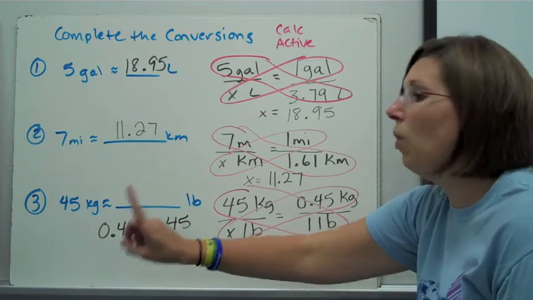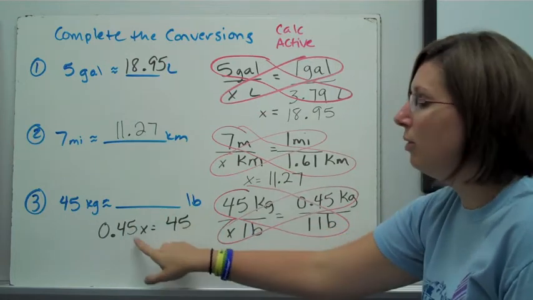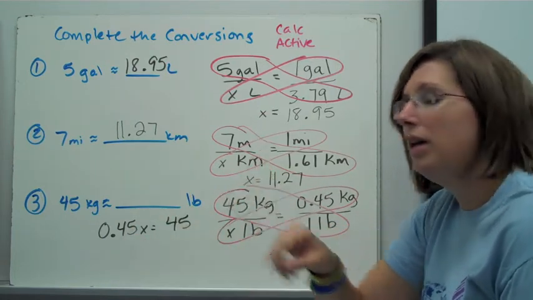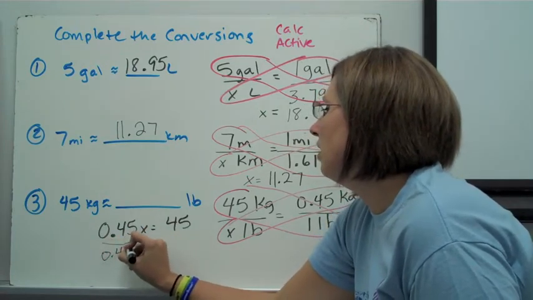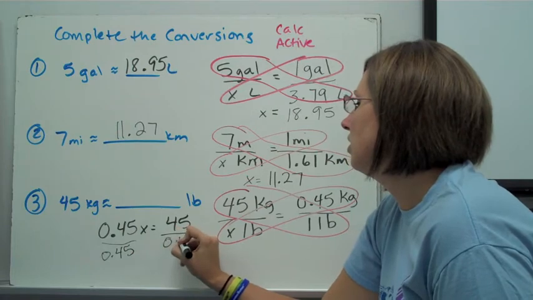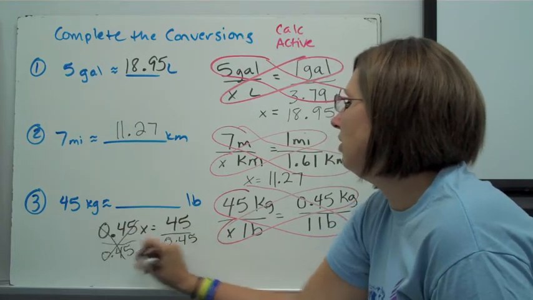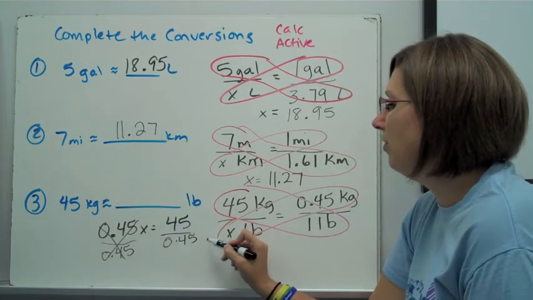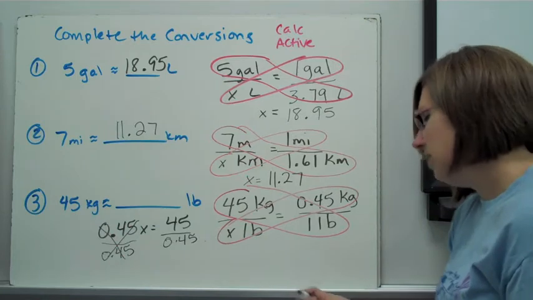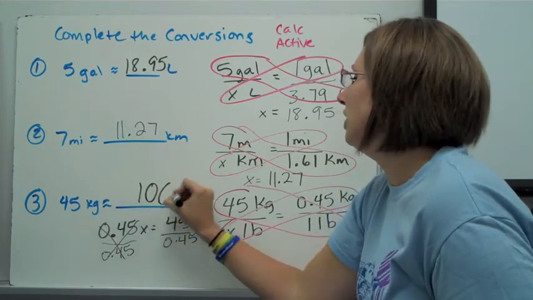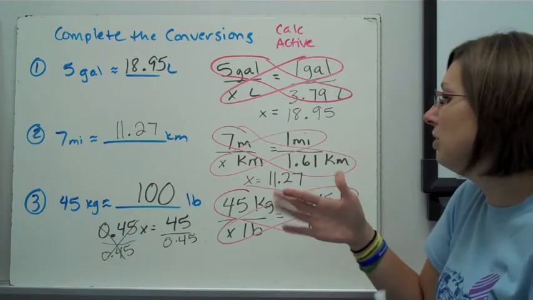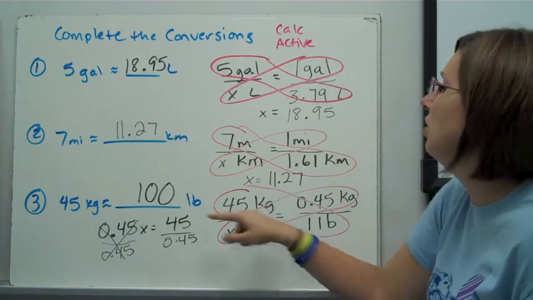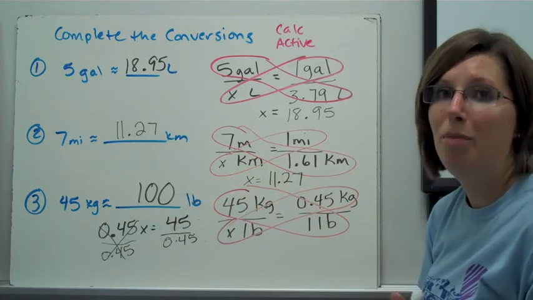I want to know what 1x is worth, not 45 hundredths of x, but 1. So to get x by itself, I'm going to divide by 45 hundredths. So in your calculator, you'll type in 45 divided by 0.45, and that gives you exactly 100. So 45 kilograms is about equal to, very close to equaling, 100 pounds.